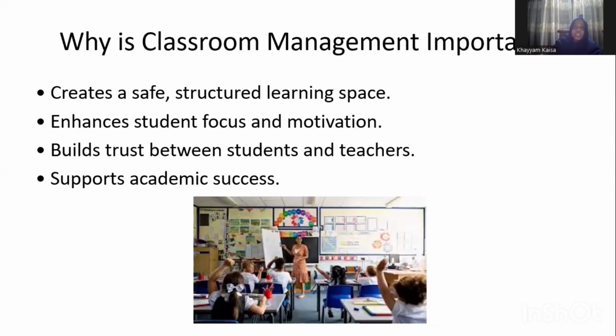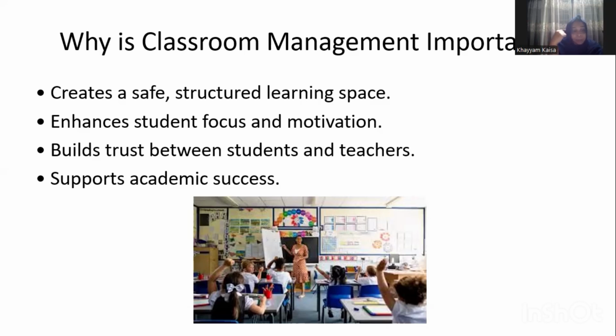Classroom management is important because it creates a safe, organized and positive learning environment where students can focus and succeed. When rules, routines, and expectations are clearly established, students know what is expected of them, which reduces confusion and misbehavior. Effective classroom management helps minimize disruptions, allowing teachers to use class time efficiently for teaching and learning.